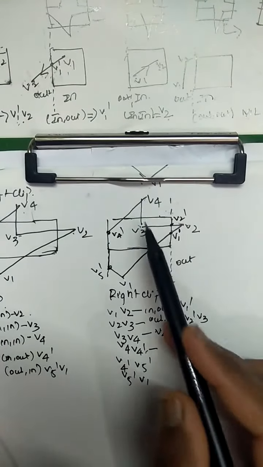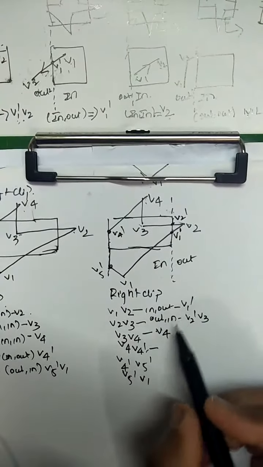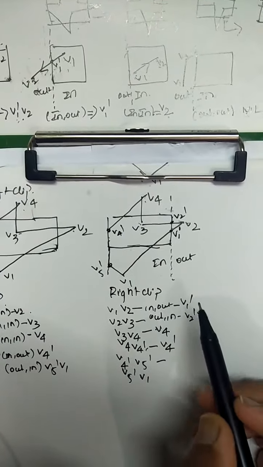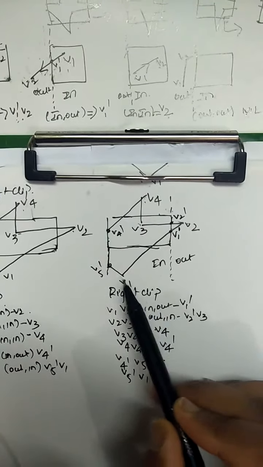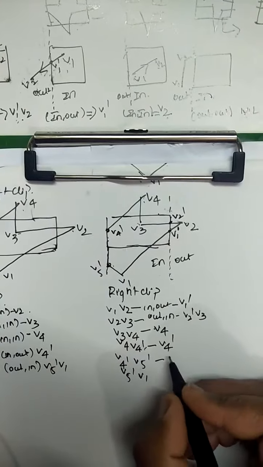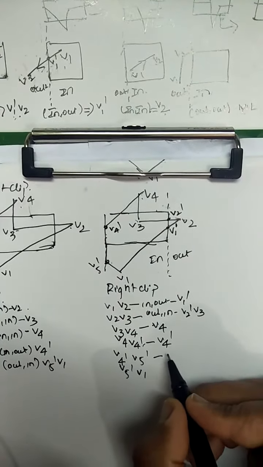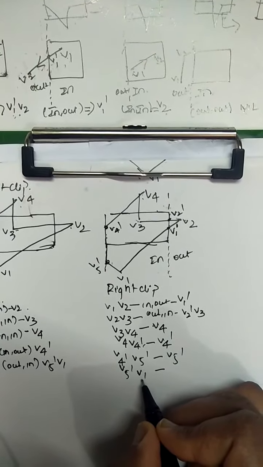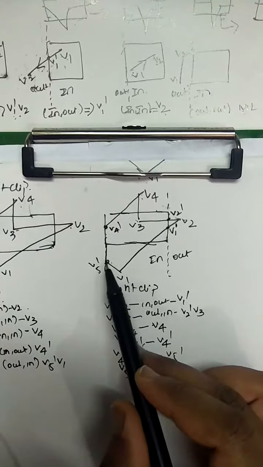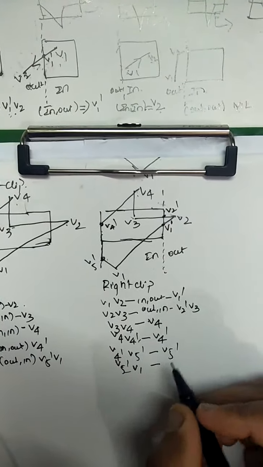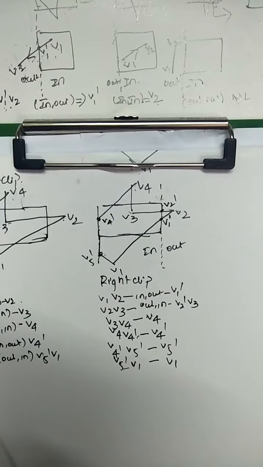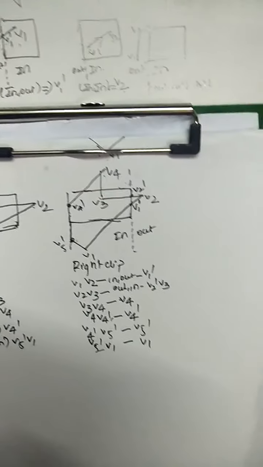v4, v4 dash, again it is falling in, so I have to take v4 dash. v4 dash, v5, both are lying in, so I have to take v5 dash. v5 dash and v1, both are in to in. So if that is the case, I have to take v1. So these are the vertices now.